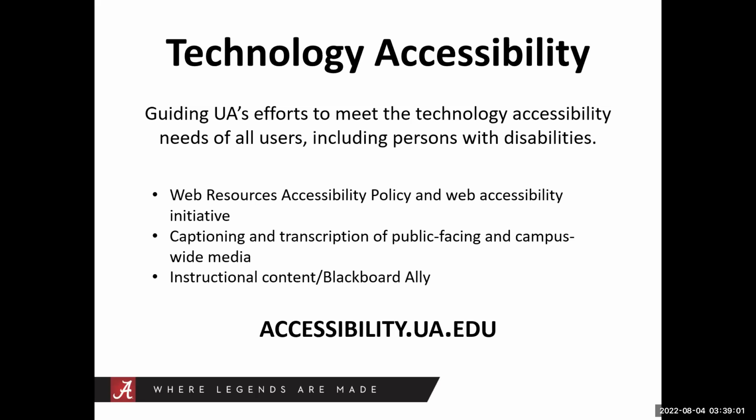The University of Alabama's Web Resources Policy adopts the Web Content Accessibility Guidelines, or WCAG, version 2.0, level AA, to address the accessibility of public-facing web resources, campus-wide web resources, and web resources needed to conduct core university administrative and academic functions, including equally effective alternate access and non-compliance plans. CIT partners with web professionals and accessibility liaisons from across campus to implement this policy.